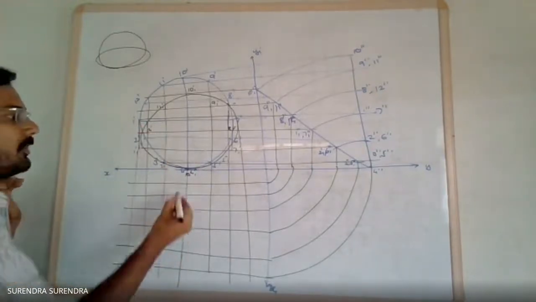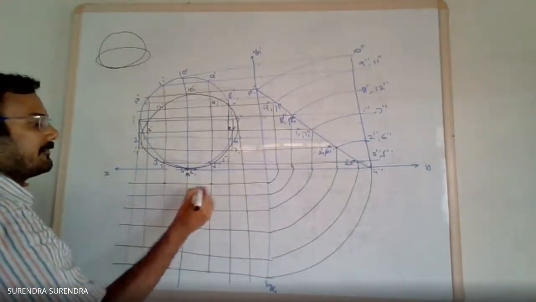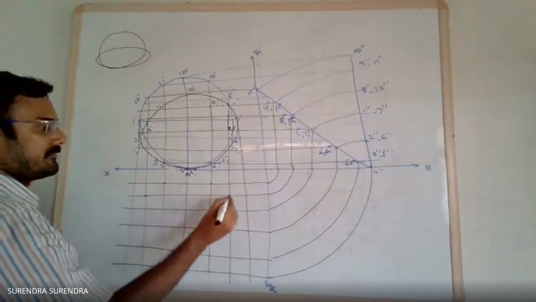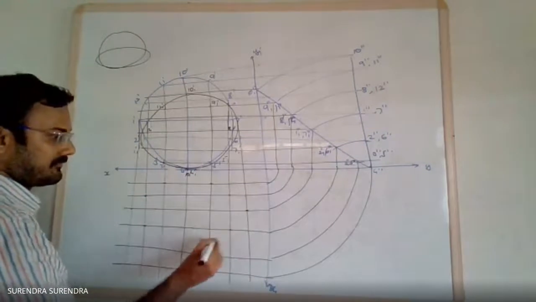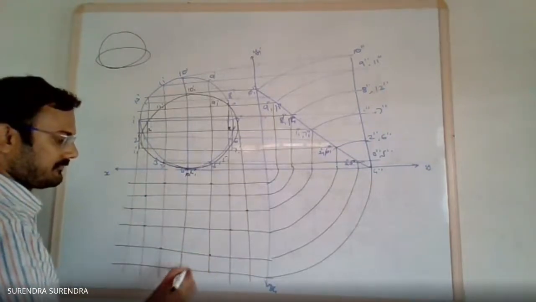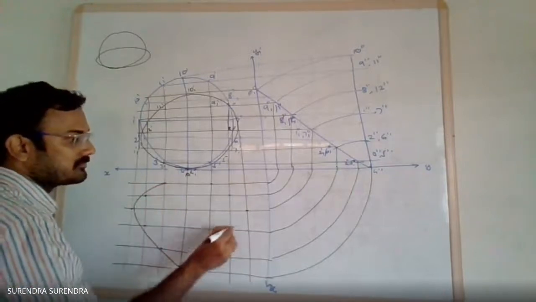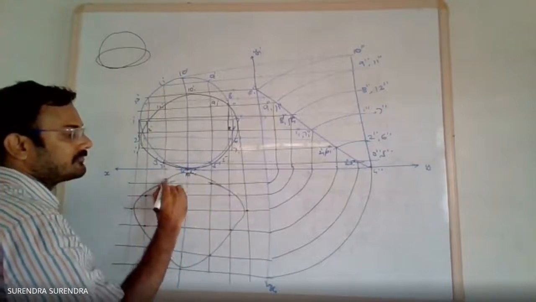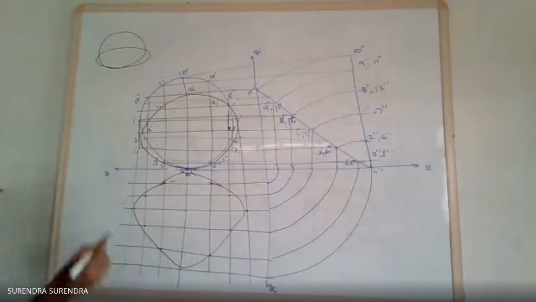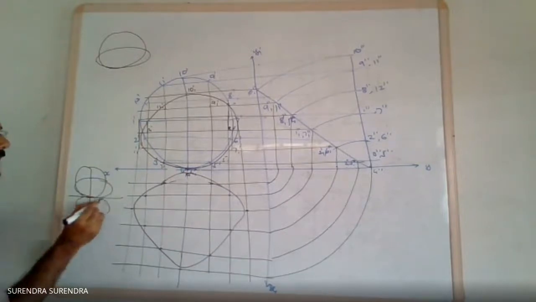So now mark the points 10 and so on, and draw a smooth curve passing through all these points. So finally, we see the initial circle and two ellipses.